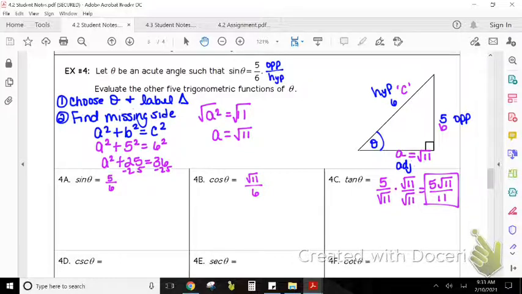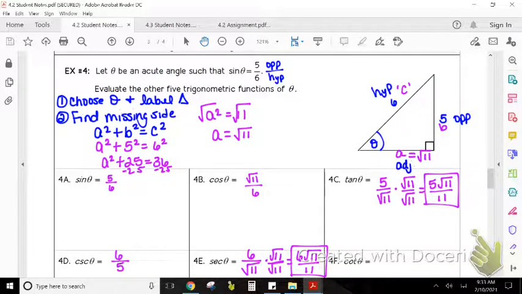Cosecant is a reciprocal of sine. So cosecant is going to be hypotenuse over opposite. Secant is a reciprocal of cosine. So it's going to be hypotenuse over adjacent. Again, we can't have that radical on bottom. So we end up with 6 square root of 11 over 11.